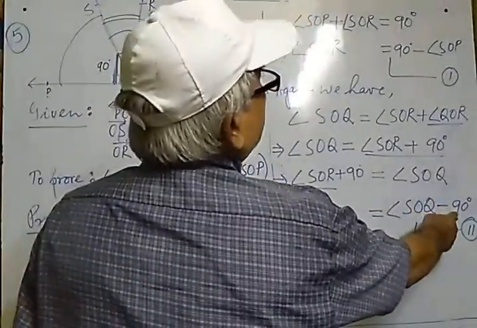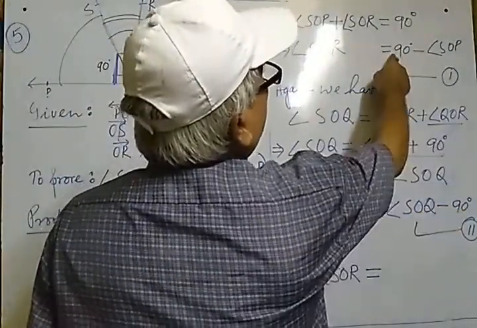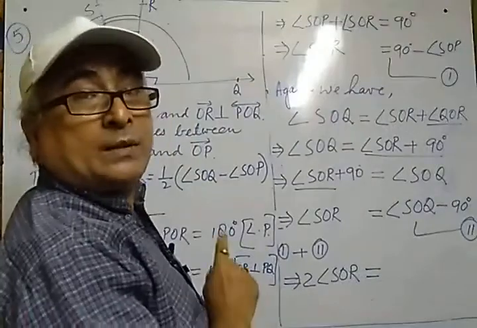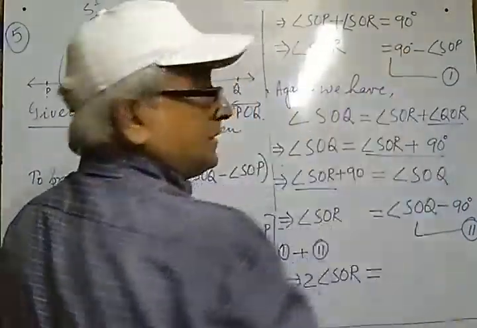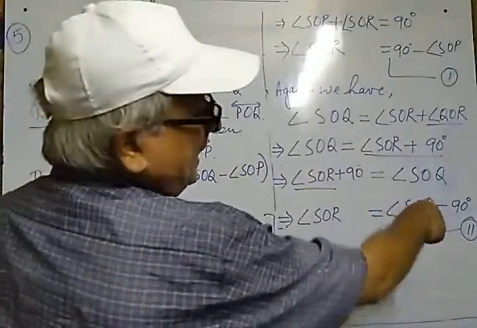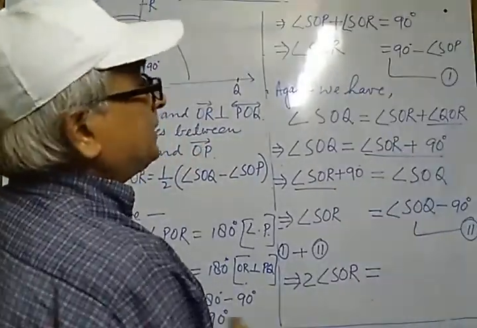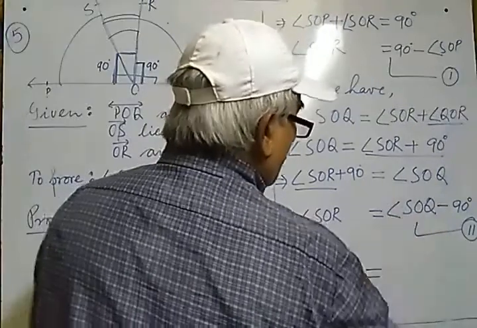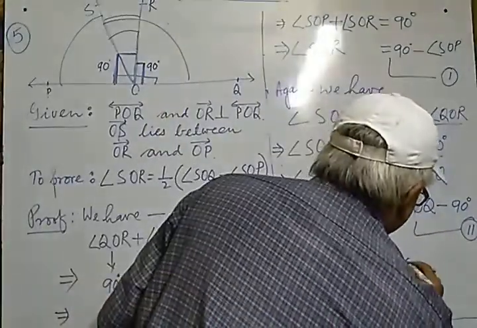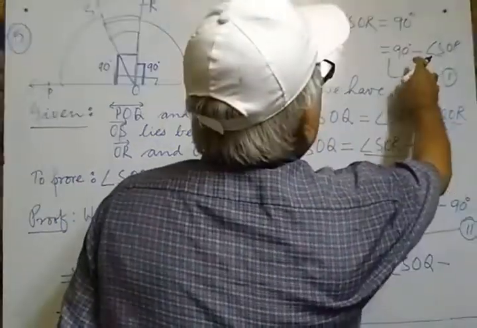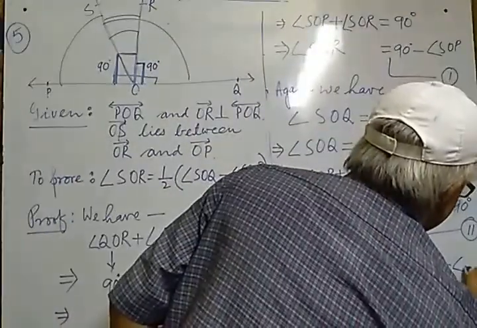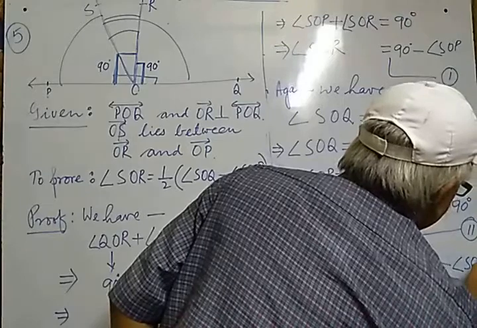See, minus 90 degrees and here plus 90 degrees. The same minus and plus will cancel, so 90 cancels 90. What is remaining? Angle SOQ minus angle SOP.